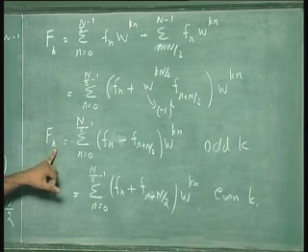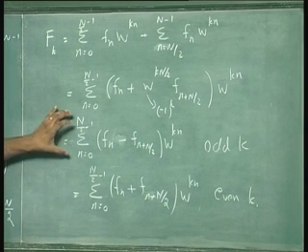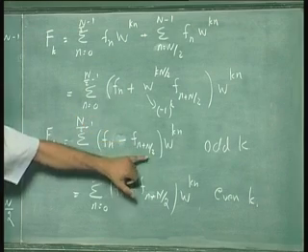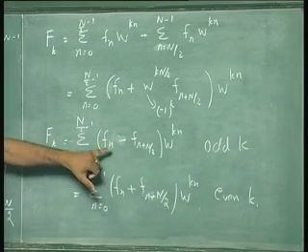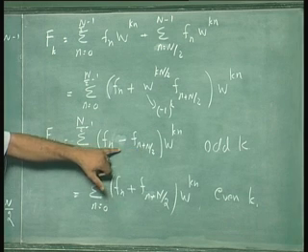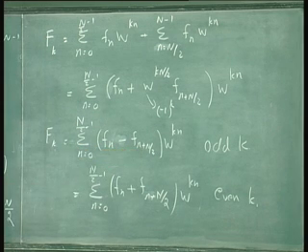So we have these sums. We now have two different functions. We have the sum of the functions for all the even k values, and the difference between the functions in the two halves for the odd k values.